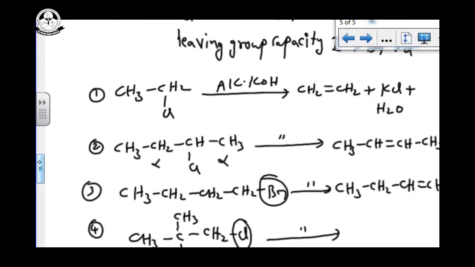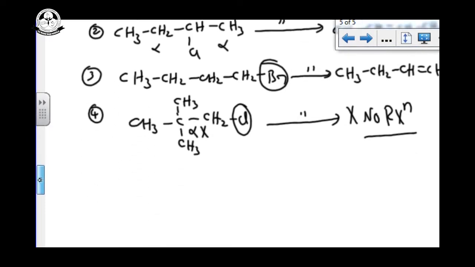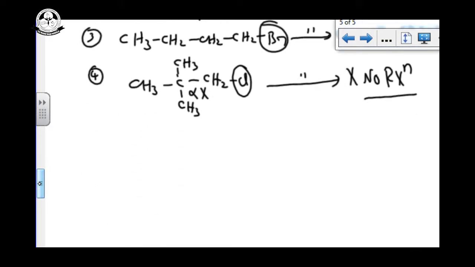No shifting means here there is no alpha hydrogen. Alpha hydrogens are absent. So here there is no reaction. Why? Because no shifting here. So you have to observe and decide which can undergo dehydrohalogenation, what the major product is, and the reaction intermediate. That is important.